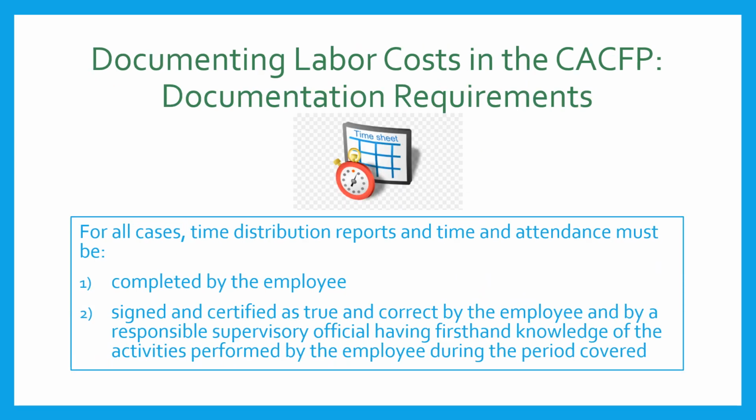In all cases, time distribution reports and time and attendance reports must be completed by the employee and signed and certified as true and correct by the employee and by a responsible supervisory official having first-hand knowledge of the activities performed by the employee during the period covered by the reports.